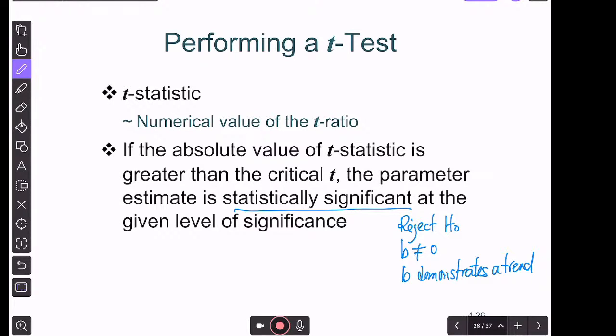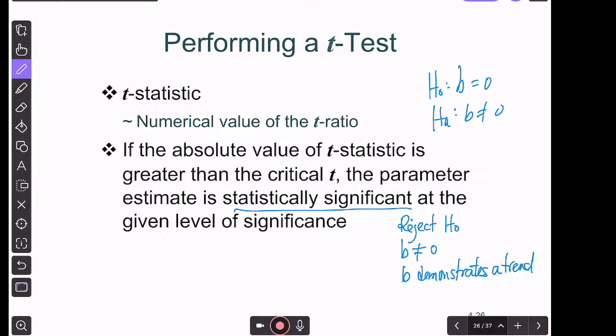So statistically significant means you found something special. You found a trend. You found a pattern. All based on the fact that you made the assumption at the beginning that there was none. No trend, no relationship, versus yes, there's a relationship. And now you do that for all the parameters.